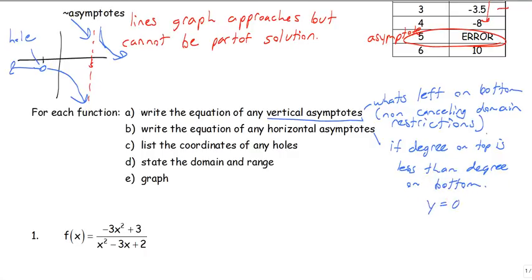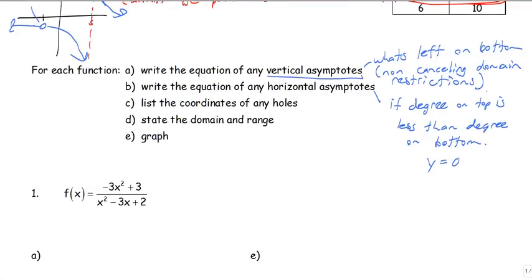It's just 0. Which makes sense, because as x gets bigger and bigger, so let's say x is like 100, and we have x on top and x squared on bottom, the bottom is going to grow much faster, so it'll basically come out to be a fraction of 0. So this is number 1.